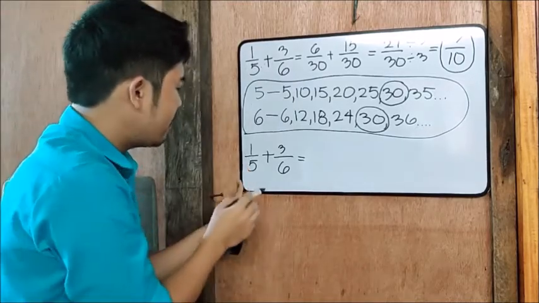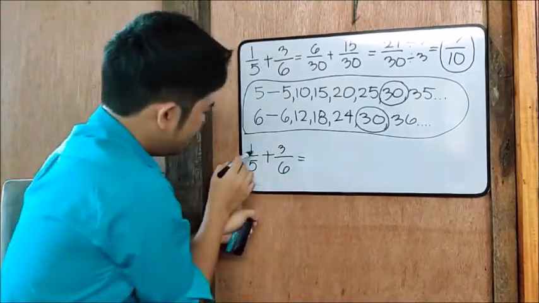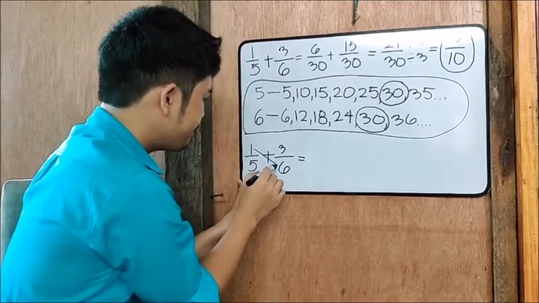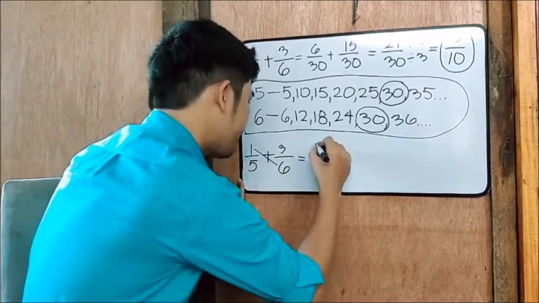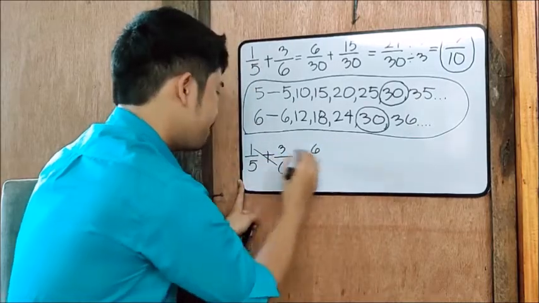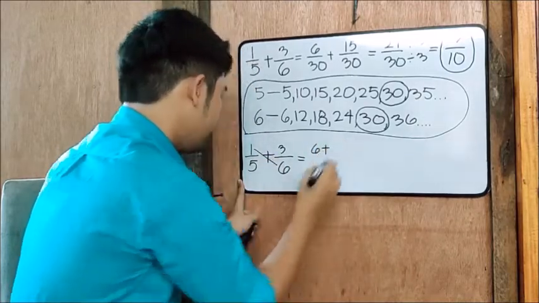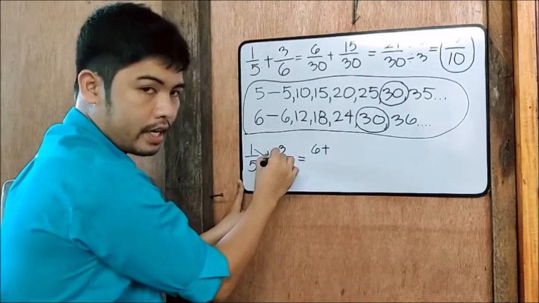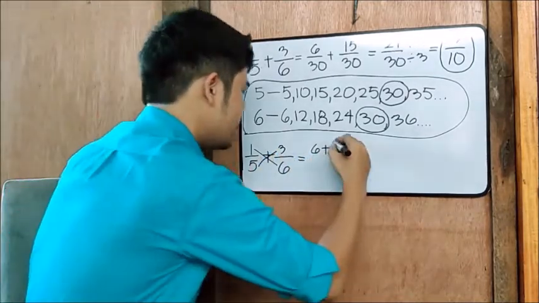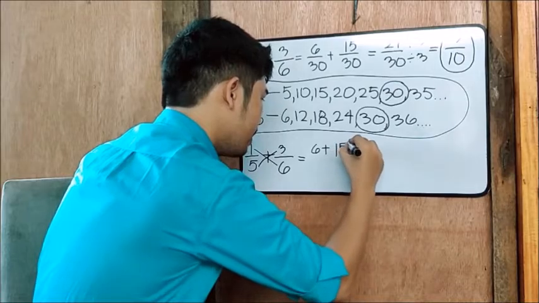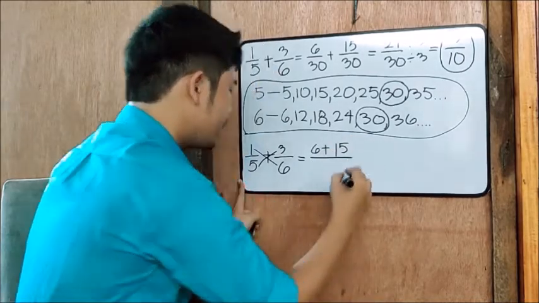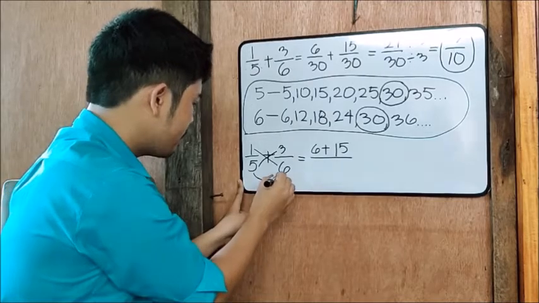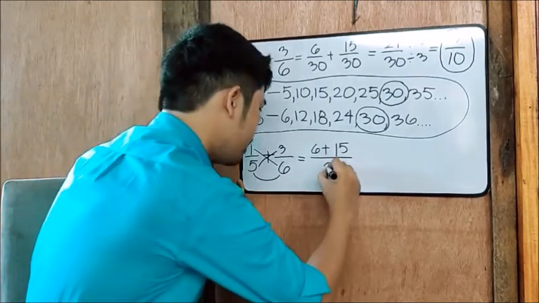We cross multiply our fractions. This numerator multiplied by this denominator gives us 6. Copy the plus. And then this denominator multiplied by the second numerator gives us 15. And for our denominator, we simply multiply the denominators. 5 times 6 is equal to 30.